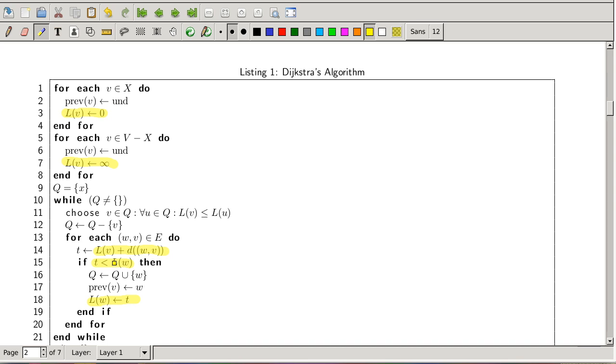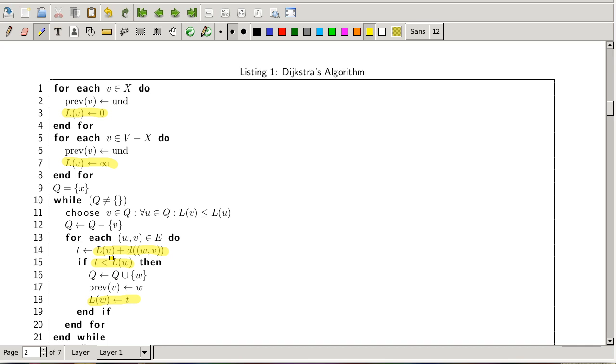Well, that is where induction comes in handy, because v is the result. We can rely on this as the result of the previous iteration of this while loop. That is the fact. So we make use of the induction assumption that by iteration k, any vertex that has an L value that is not infinity has a path to a destination vertex. That is the induction assumption for iteration k.